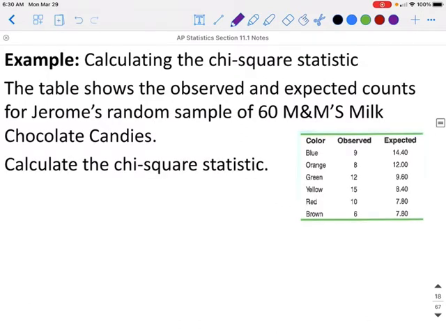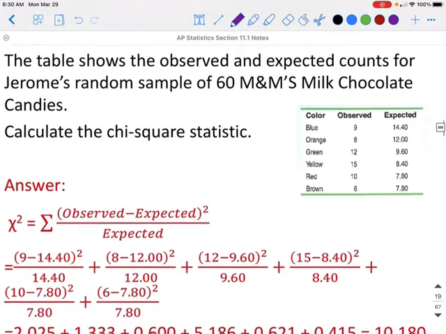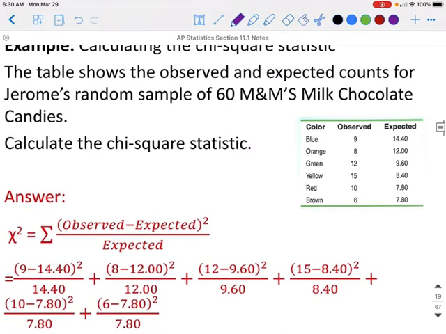So the table shows the observed and expected counts for Jerome's random sample of 60 M&M milk chocolate candies. Calculate the chi-square statistic. So to do this, we start with blue: we do our observed minus our expected, square that, and then divide it by the expected value.